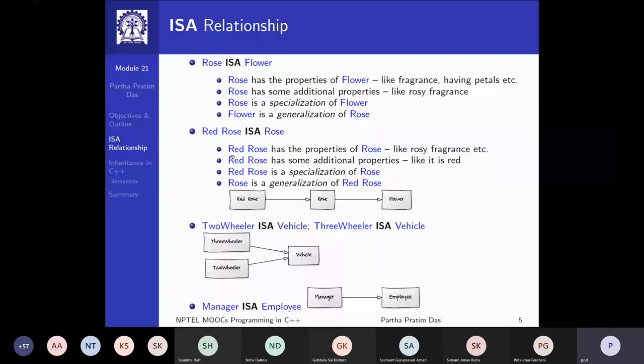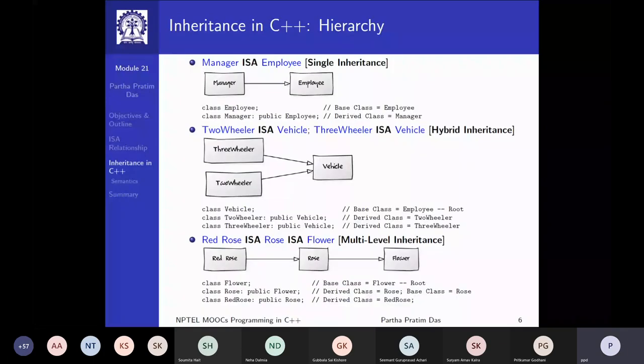Now we categorize is-a relationship by their structural properties. For example, manager is an employee. This relationship is called a single inheritance. You have a single entity which is specialized by another single entity. And we will write that in C++ in this way. So the concept of employee is class employee, which we call the base class. And concept of manager is class manager, which we call the derived class.